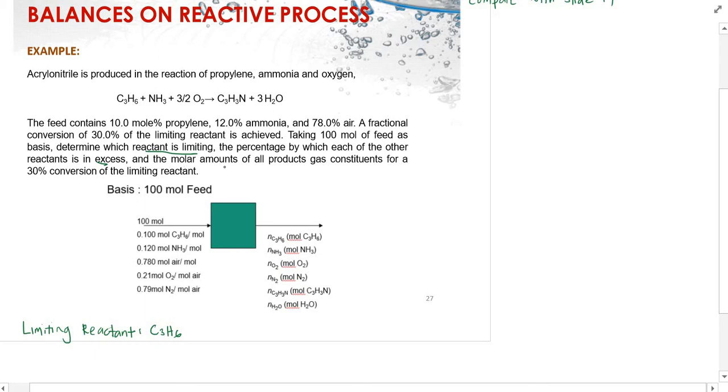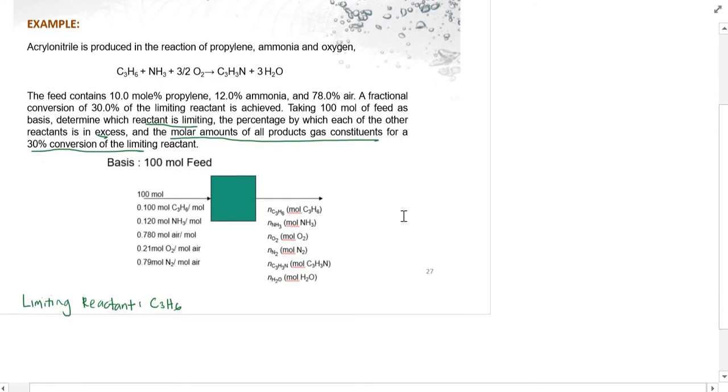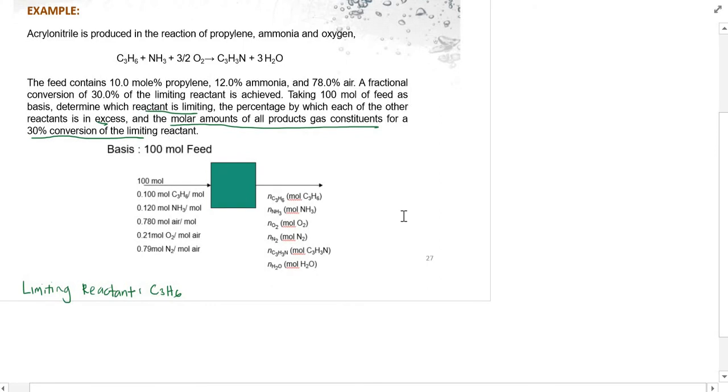Next, the molar amounts of all product constituents for a 30% conversion of the limiting reactant. So now we want to calculate the molar amounts of all species in the product gas for 30% conversion of the limiting reactant. Your limiting reactant is propylene.